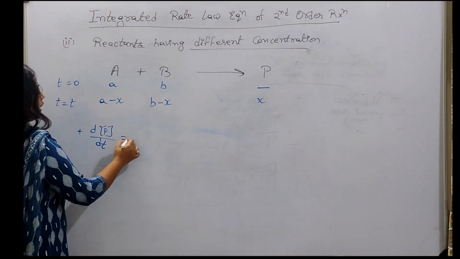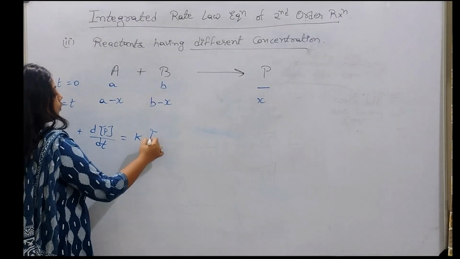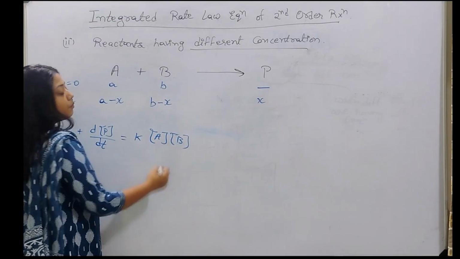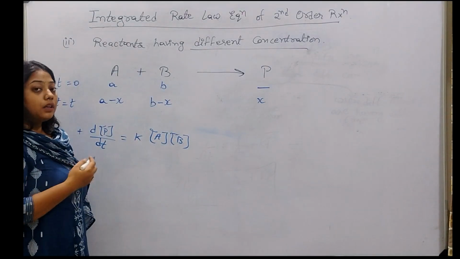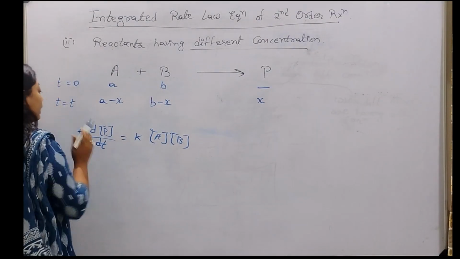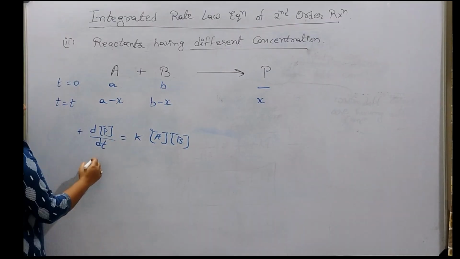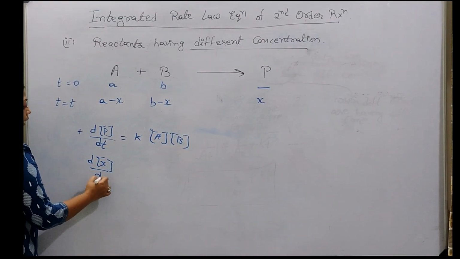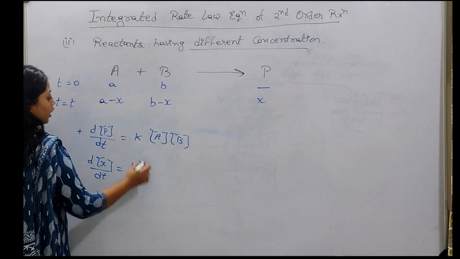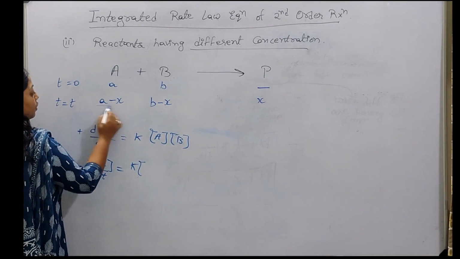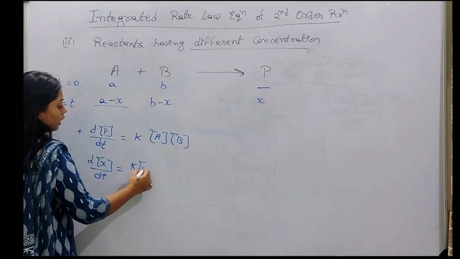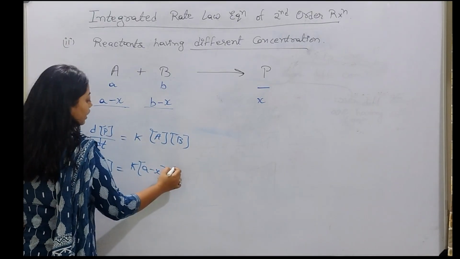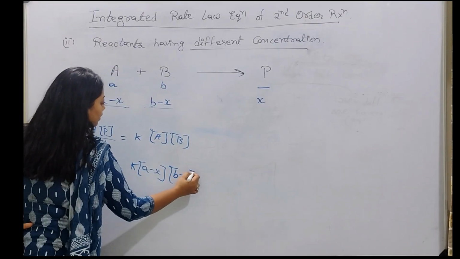So dP by dt equals rate constant K into concentration of A into concentration of B. Since we are writing this rate at the time T, we can write dP as dX. So we can write dx by dt equals K into (A minus X), as the concentration of A at time T is A minus X, and the concentration of B at time T is B minus X.